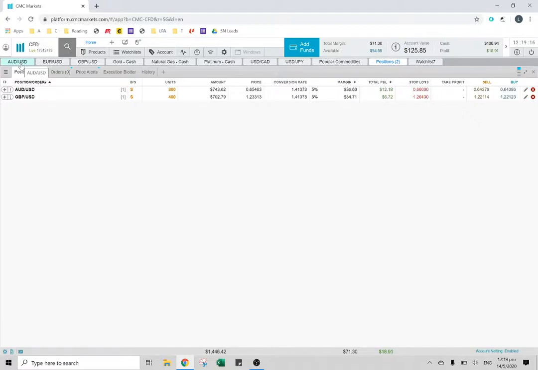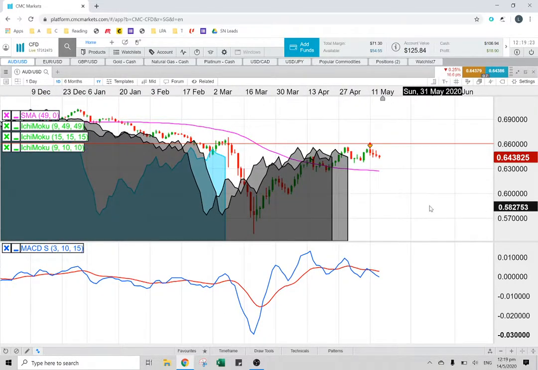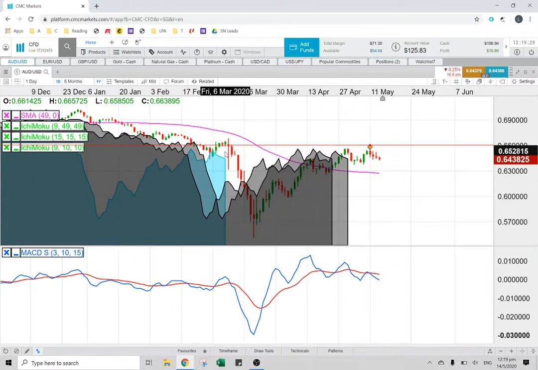I'll start off with Aussie dollar. We shorted here and it's still downtrending, so we're making some unrealized profit. The trend is down, but it's getting close to a pretty flat line based on the margin of error for the 49 SMA, even though it's down.